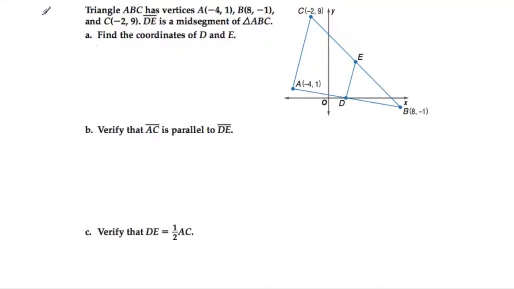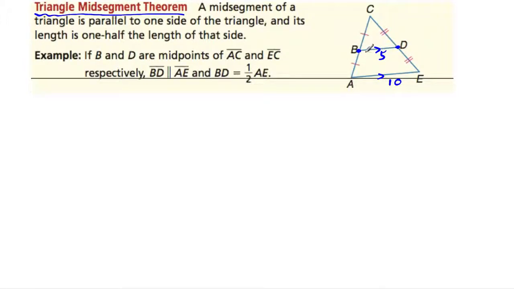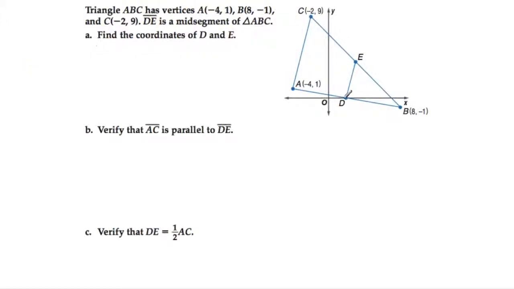So let's take a look at some of these. ABC has vertices -4, 1, 8, -1, and -2, 9. DE is the midsegment. So we want to find the coordinates of DE. Well, the midsegment goes through the midpoints. So these are just the midpoints.